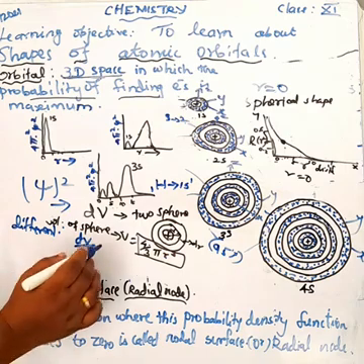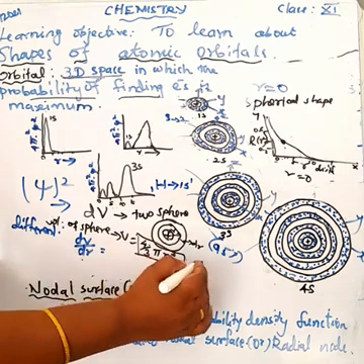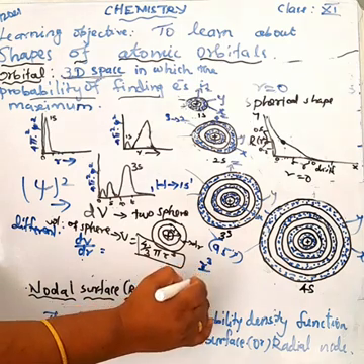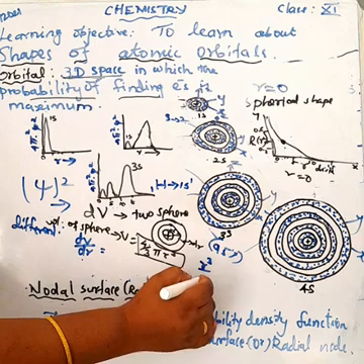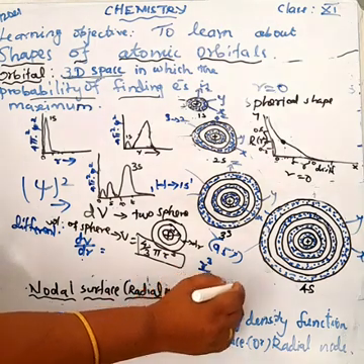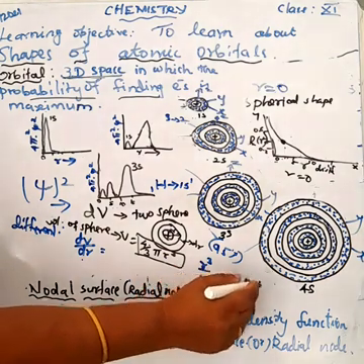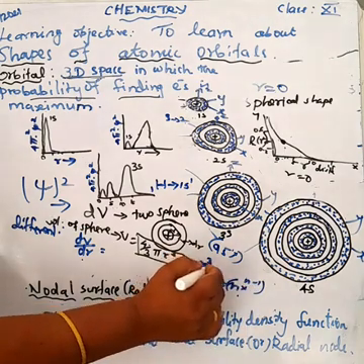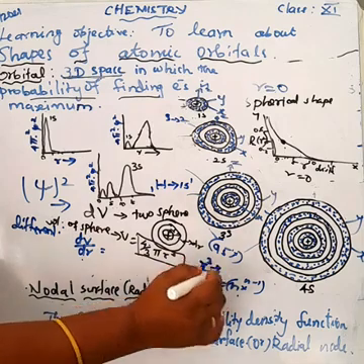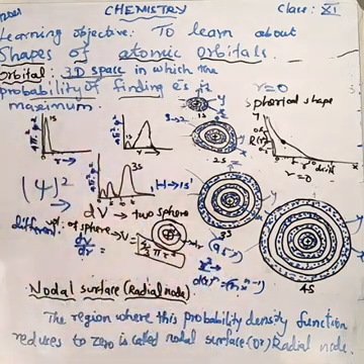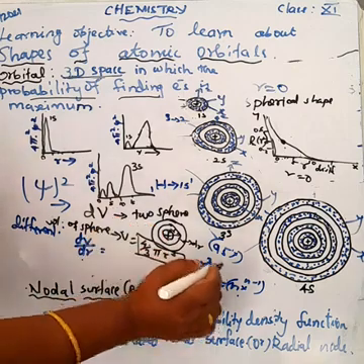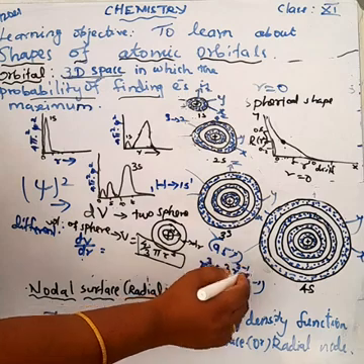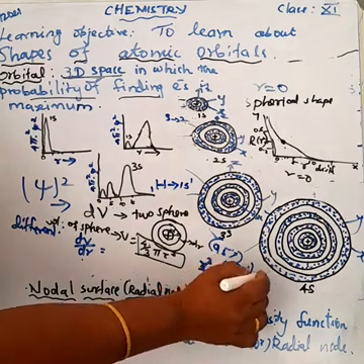When differentiating r cube, what will we get? The formula for differentiating x power n is n into x power n minus 1, one of the mathematical formulas. So differentiating r cube gives 3r power 3 minus 1, that is 3r square.